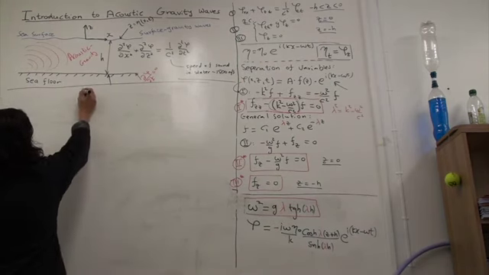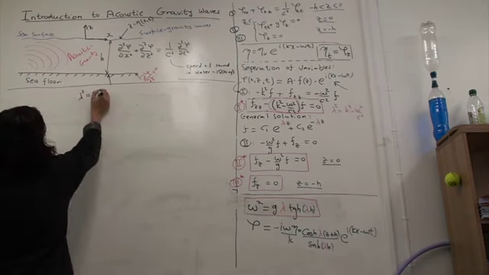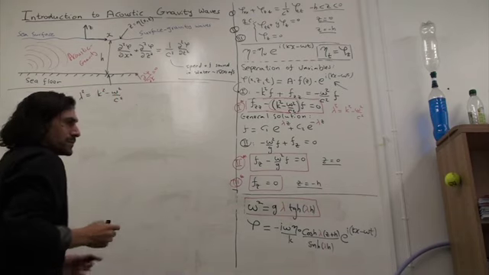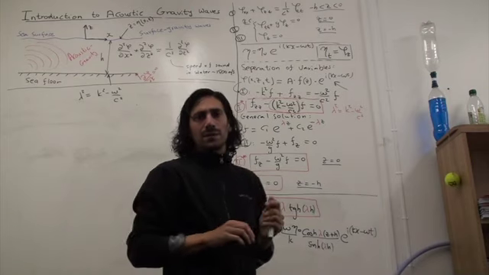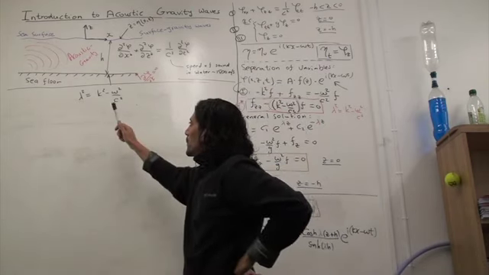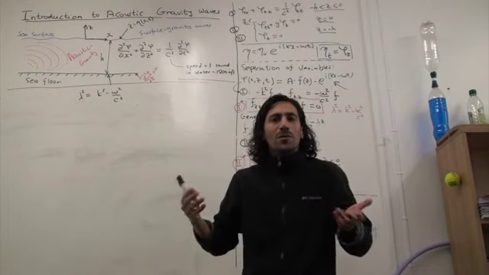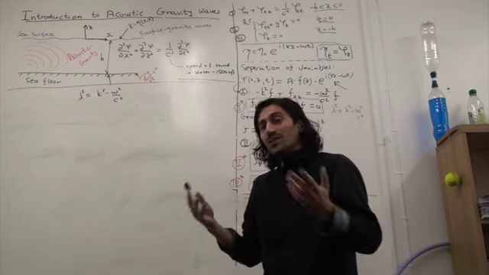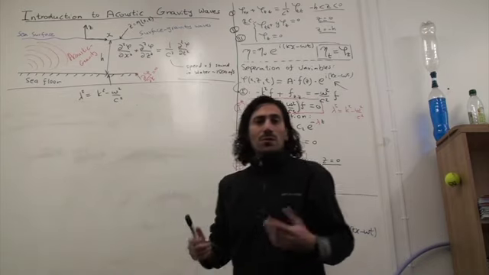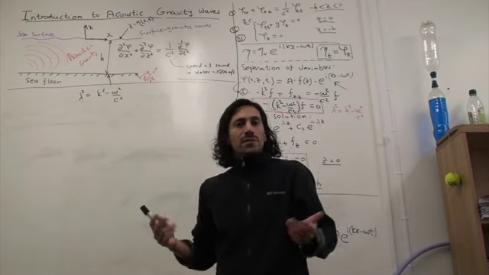So I have lambda squared equals k squared minus omega squared over c squared. Let's think about it a little bit. When we talk about normal waves, what is a normal wave? The standard waves that we're used to. k is normally small, but it's not terribly small.